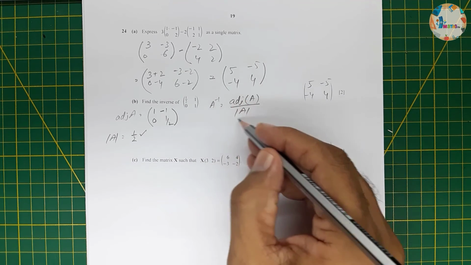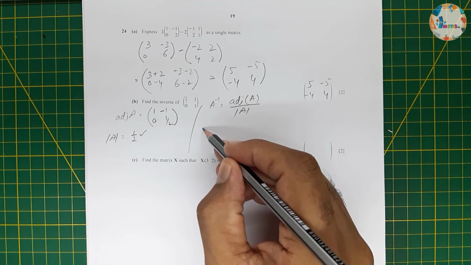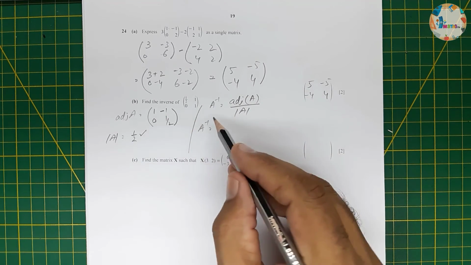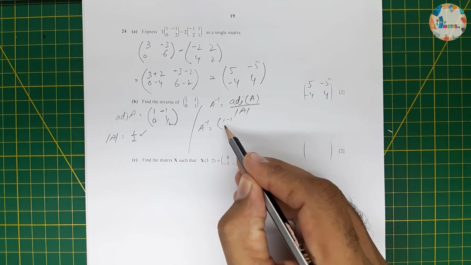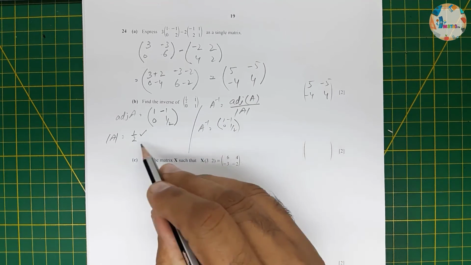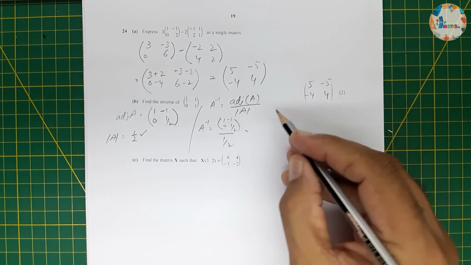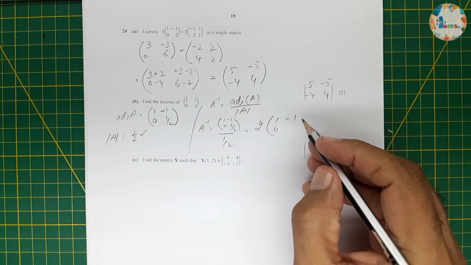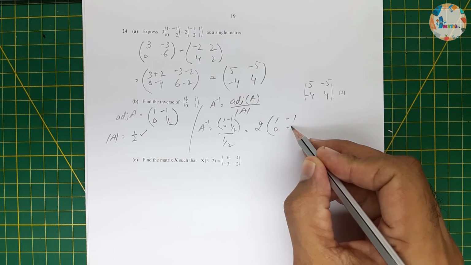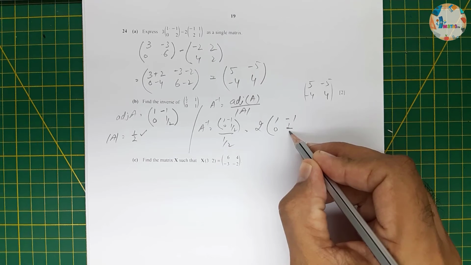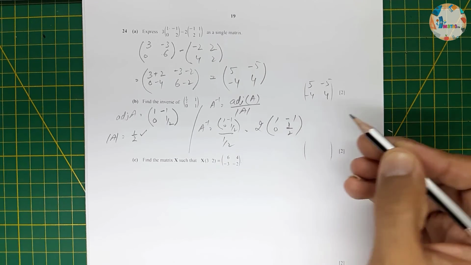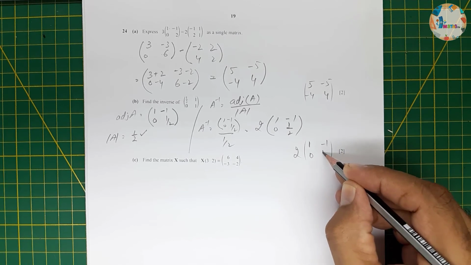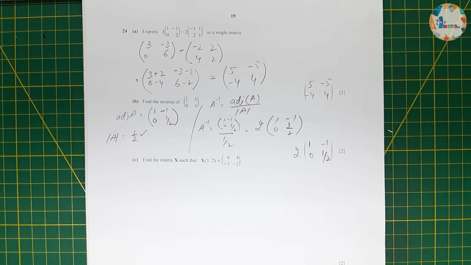We can write in this formula, so A inverse will be equal to this one, 1, -1, 0 and 1 by 2, and divided by 1 by 2. So this can be written as 2 into 1, -1, 0 and 0, 1 by 2. So this will be our final answer, which we can copy over here, 2, 1, 0, -1 and 1 by 2. This will be the inverse which is required.